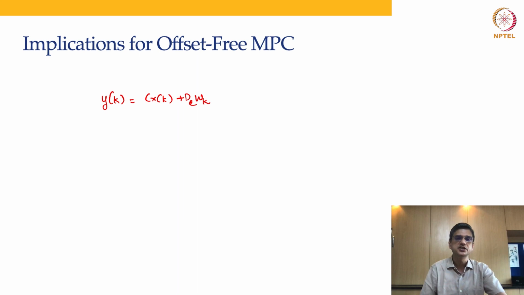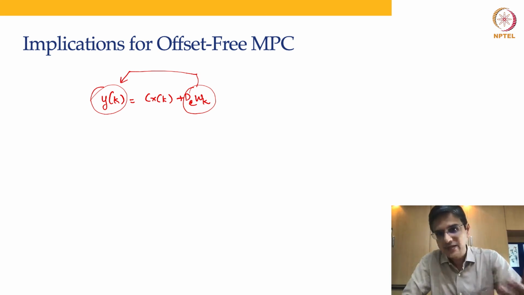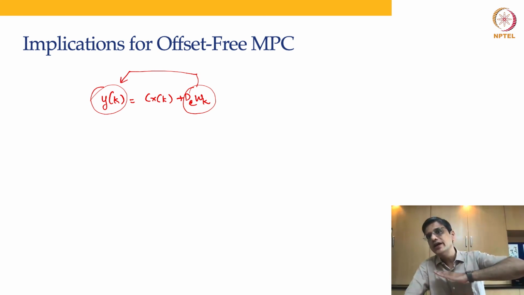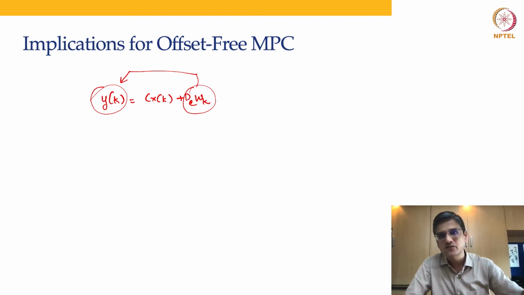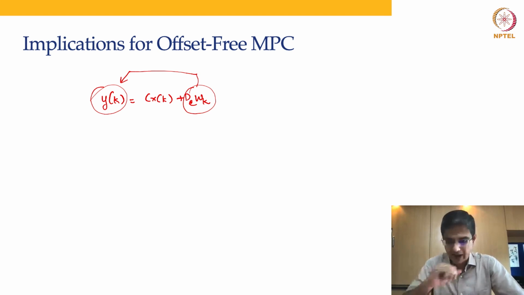What is needed essentially is that, if it gets added over here, you need to ensure that WK is going to make the overall system controllable, which means that WK either directly or through X should be able to go and affect the Y, in which we believe that there is a need for ensuring offset-free tracking. Okay, that means whichever outputs we expect biases, those outputs should be affected by WK.